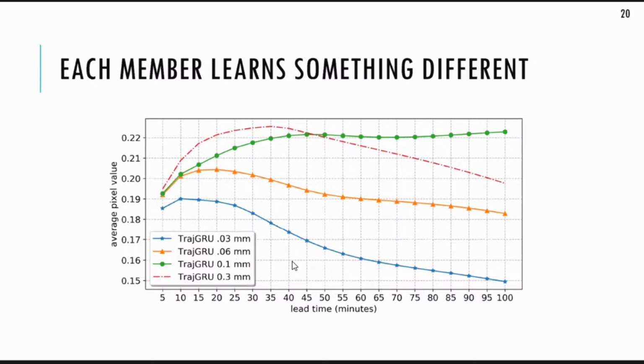I don't want to spend too much time here, but we can see that the average pixel values seem to be lower for the ones with a low threshold, and higher for the ones with a higher threshold. And this intuitively makes sense, I think, because the model focuses more on heavy precipitation when it can't see the light precipitation, like here.